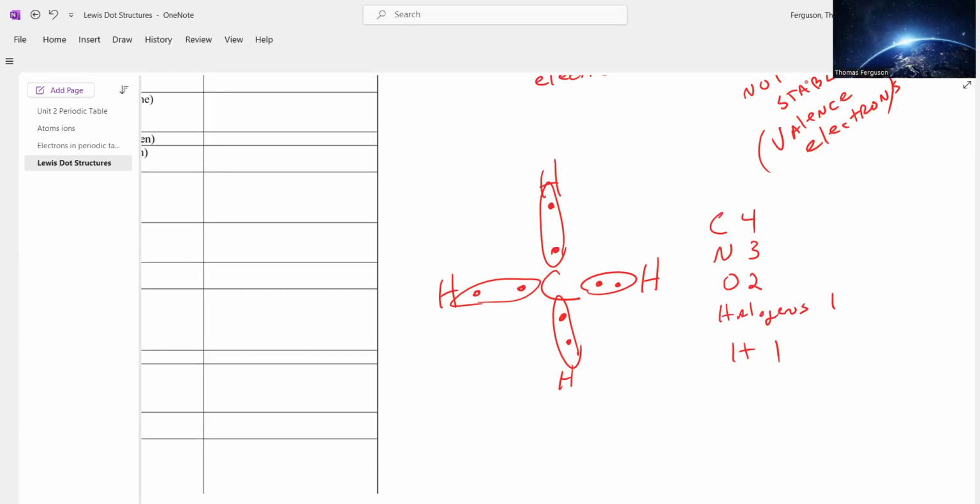Okay, so that's step 4 and 5. Step 6 is for each bonding pair of electrons. Now the bonding electrons can have 1 bond, 2 bonds, or 3 bonds, depending on which atom we're talking about.